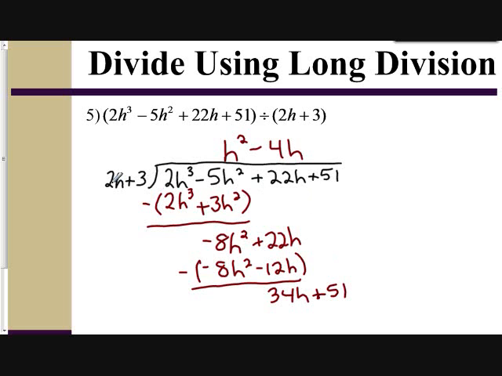And again, what do you multiply 2h by to get 34h? And that would be 17. Distribute, and you get 34h. And 17 times 3 is actually 51. Subtract the entire expression.